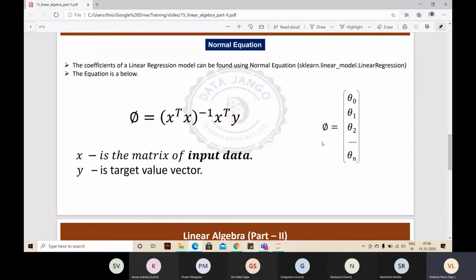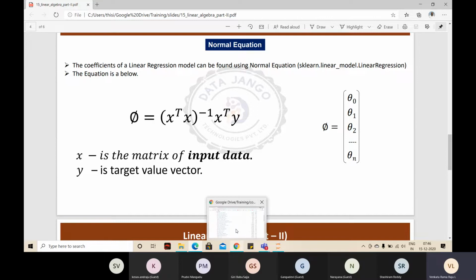In our example, we have passed designation, educational qualification, experience, all these features as X, and salary as Y. So when we passed it, it actually formed linear equations, straight line equations. Theta 0 plus theta 1 into whatever value in the first record, first column, theta 2 into the second column, and so on, is equal to the y value for that person's salary.